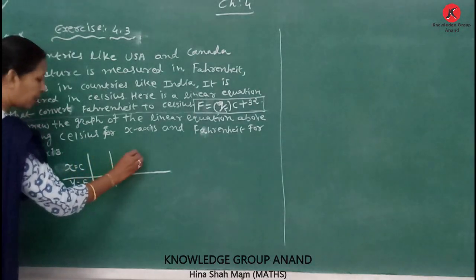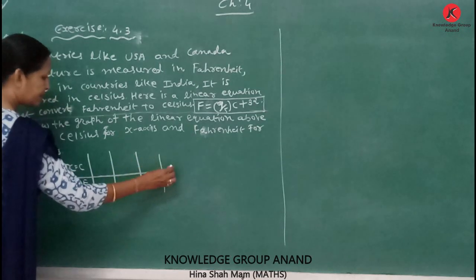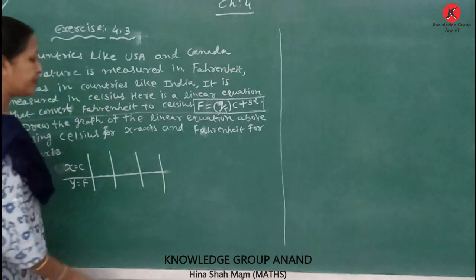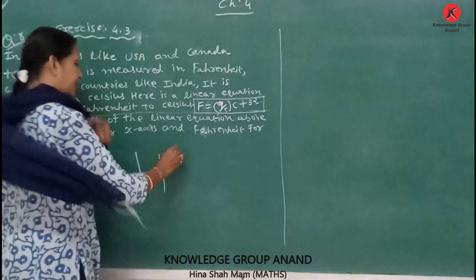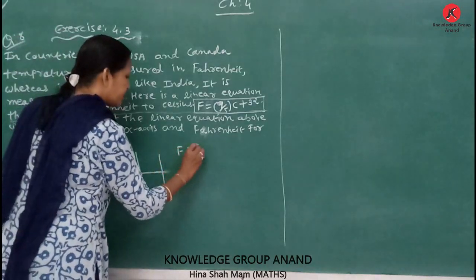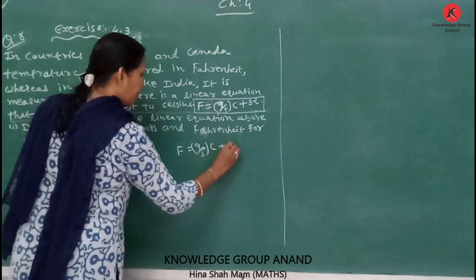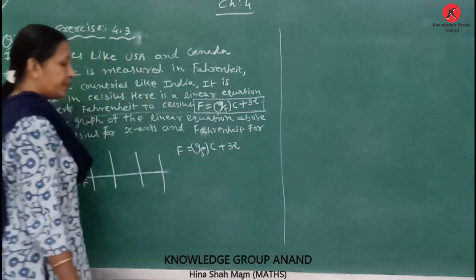Here we take 2 points. Equation is Fahrenheit is equal to 9/5 C plus 32.